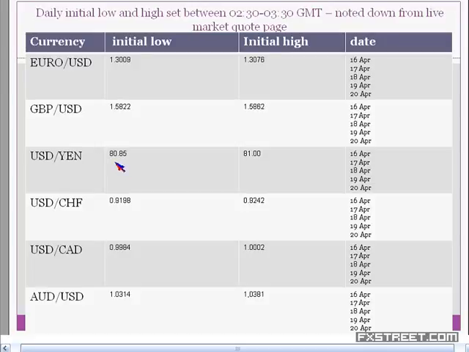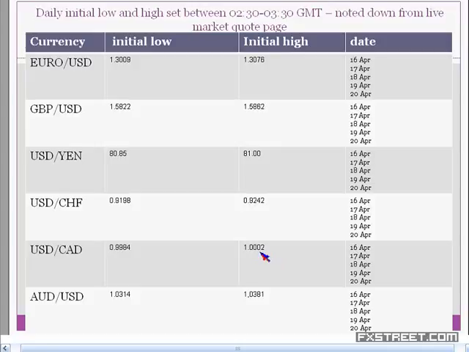The Japanese traders are active, so they are trying to make a downward move in the case of yen and yen crosses, holding Euro and GBP in the range, not breaching the lower low-high. And in the case of CHF, they have not breached the lower low-high, and Canadian dollar also has not breached it. They breached the high by 2 pips.